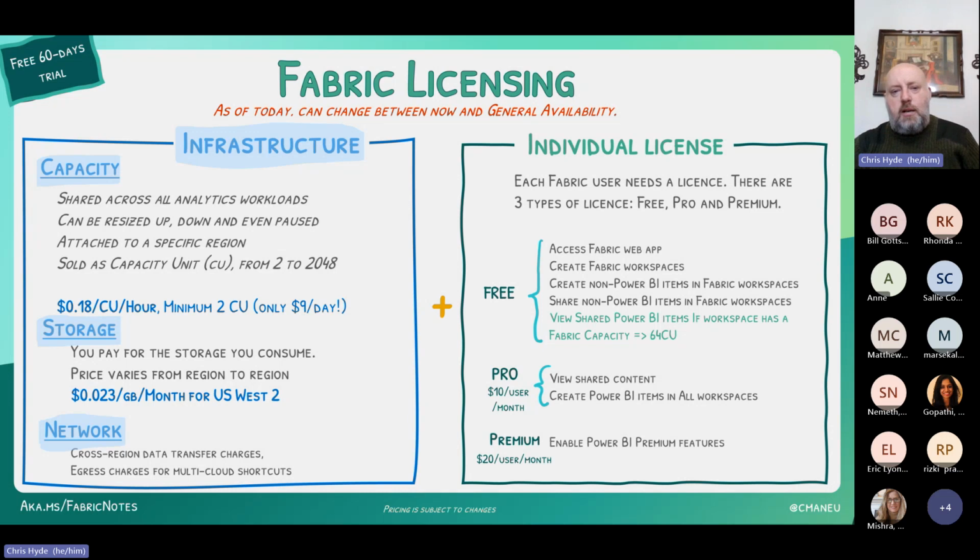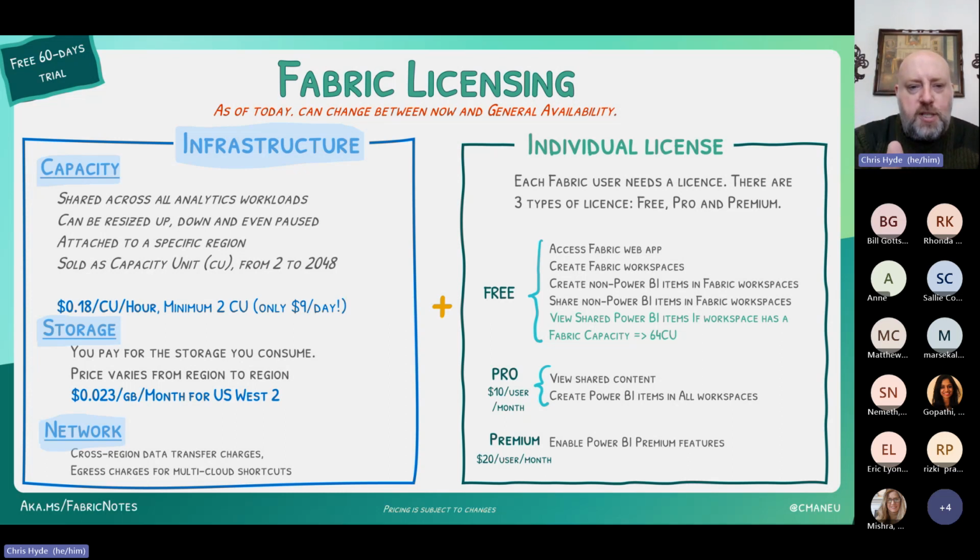But we've got something called bursting and smoothing. Let's say that 2 CUs is equal to 2 cores. I don't think it is, but let's just think of it as 2 cores, right?